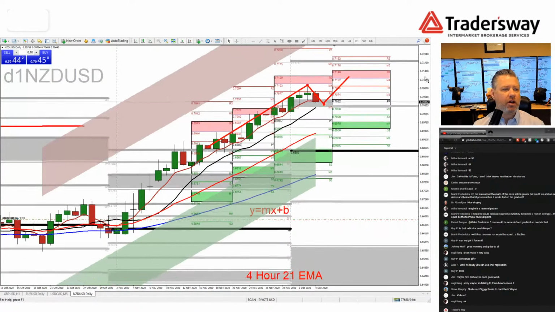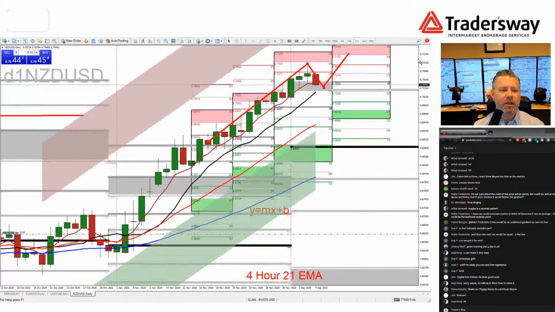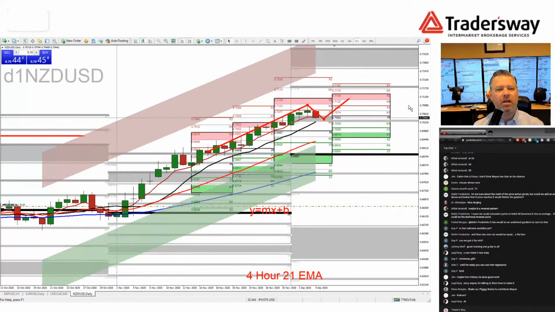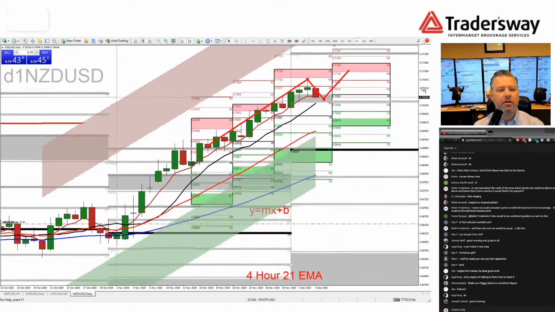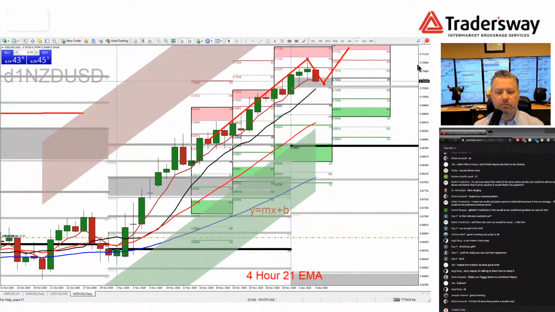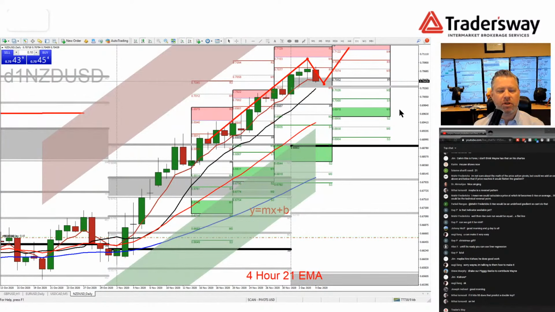The ultimate target on this Kiwi dollar is 73.5. About 73.5, I can't see the number here. If it hits, well, it doesn't predict a double top, but it's so far away that's not my game plan. My game plan is it's going to go up at 70.26 or I'm done.